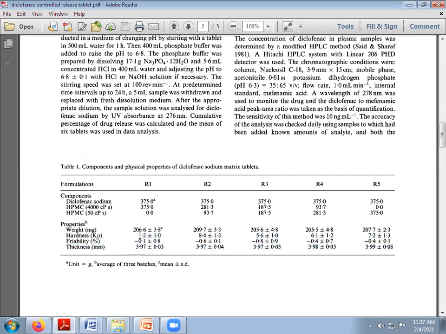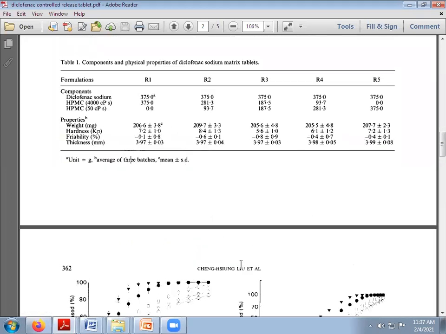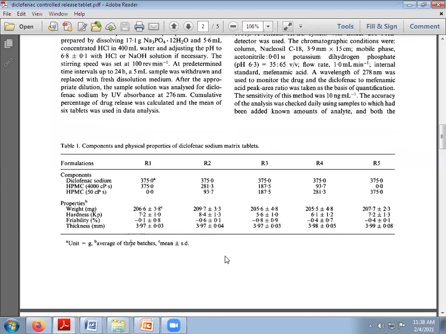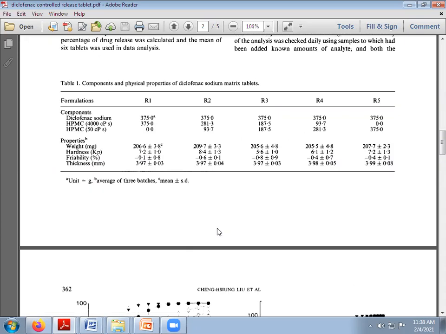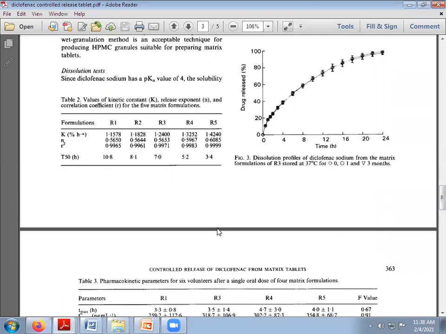Why greater extent? 7.2, 8.4, 5.6, a big difference is there; 6.1, a big difference is there. Friability 0.1, 0.6, 0.8, 0.4: all tablets passed the friability test, but the variation is there. So this tells us that when the concentration of the binder is varied, it will affect the hardness and friability.